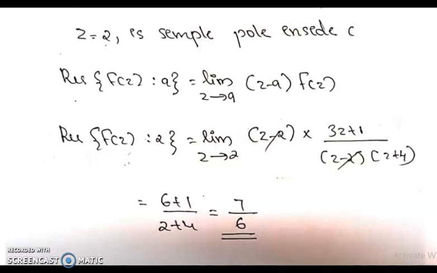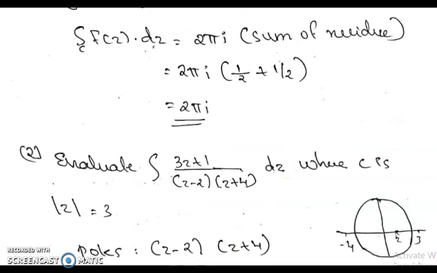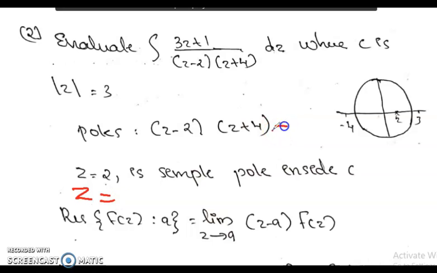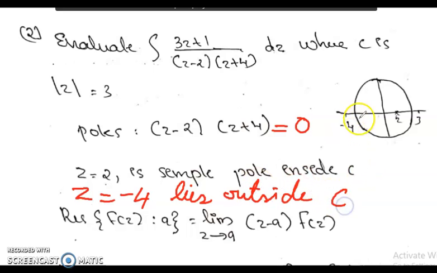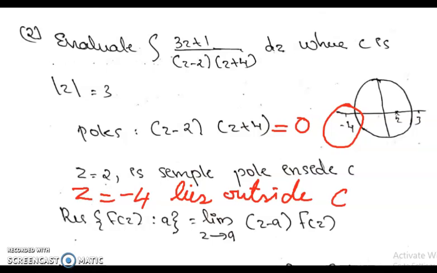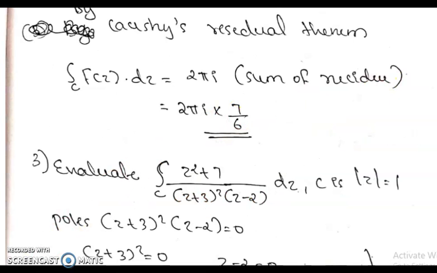The residue at 2 is considered because the other value lies outside C. For an outside point we are not going to calculate; we calculate only for the inside point. So our answer is 7 pi i by 3.